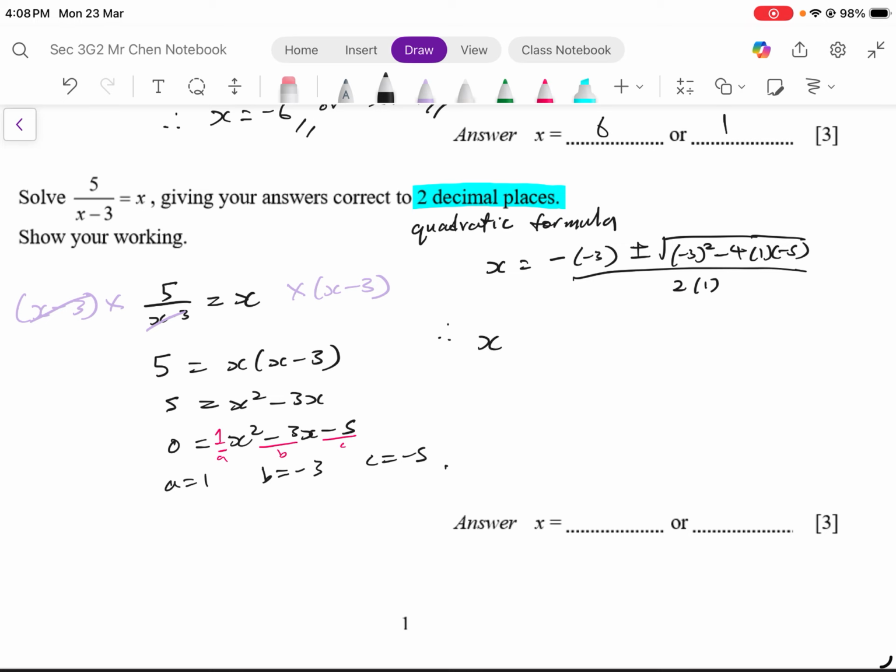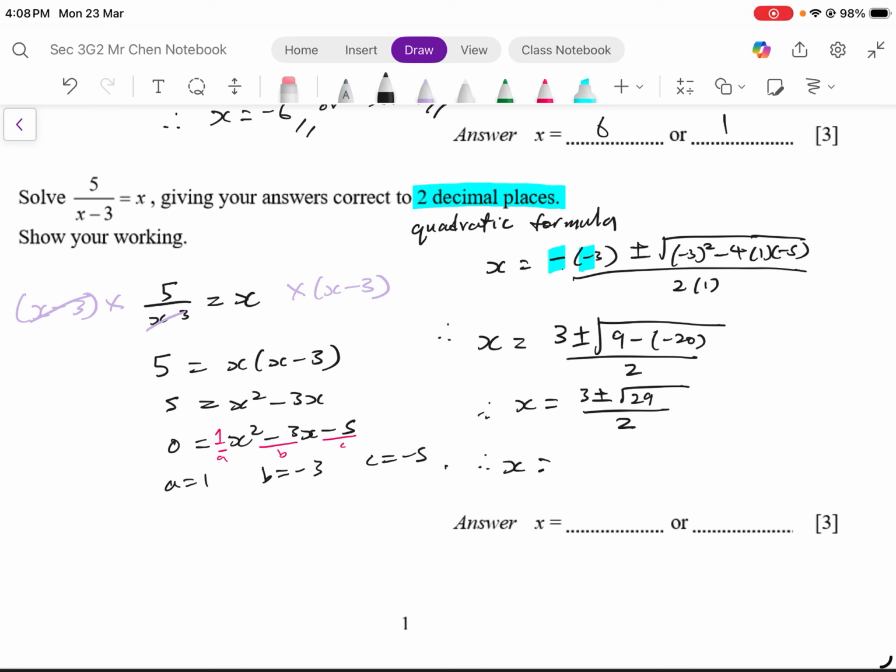Okay, so x equals to minus minus will give you 3 plus minus 3 squared will be 9 minus 20, over 2. So from here, x equals 3 plus minus 9, minus is plus, right? So it's 29 over 2.